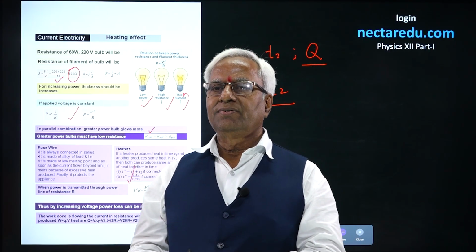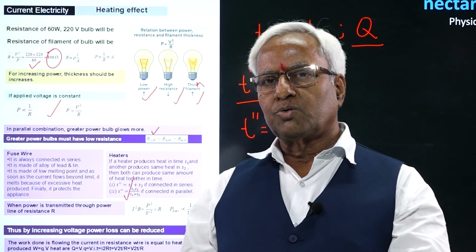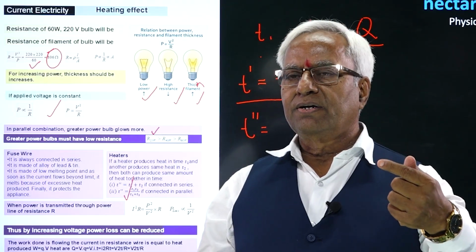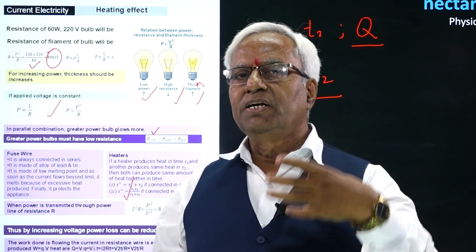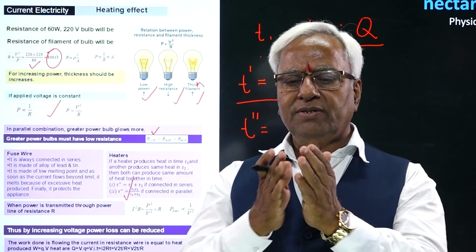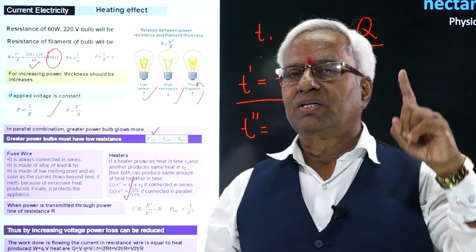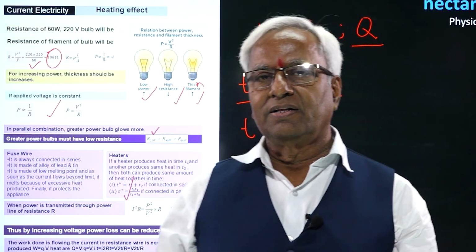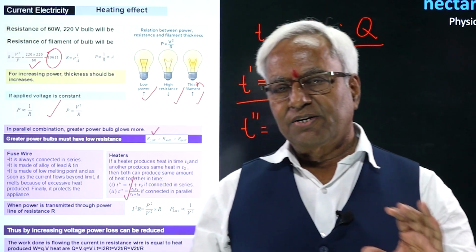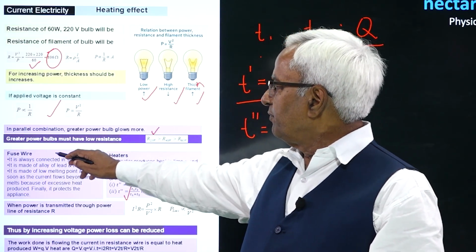And the basic idea is that as soon as the current withdrawn from the main source increases beyond a particular limit, because of the excessive heat produced in the fuse wire, it will melt. It will melt and the whole circuit is broken. The costly domestic appliances in your houses, like fridge and all that, will be protected from undue damage. This is the basic functioning of fuse wire.